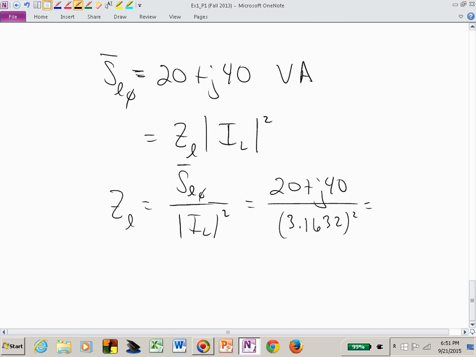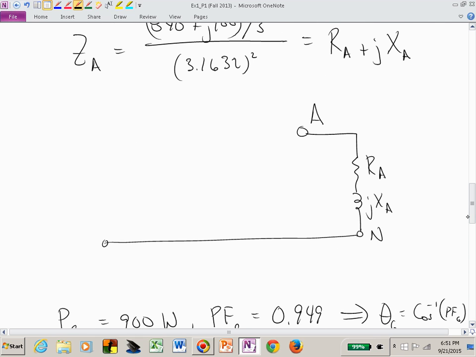And I think that's roughly, or is 10 in the denominator. So this becomes 2 plus J 4 ohms per phase. And that's now going to be what I can do right here. This is now 2 and this is J4.